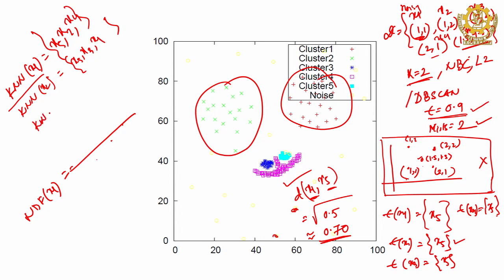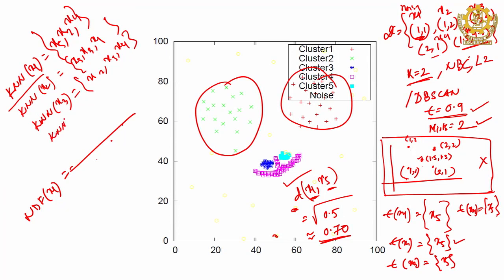And then KNN of x 3 is 2 2. So, 1 2 is which point? x 2, x 5 and x 4. So, x 2, x 5 and x 4.